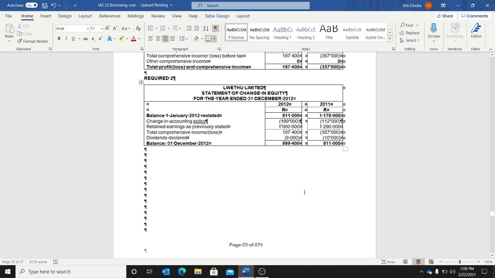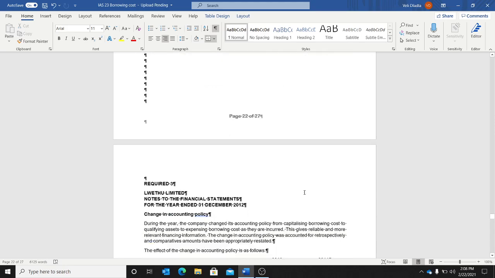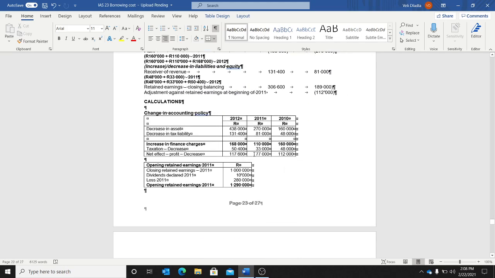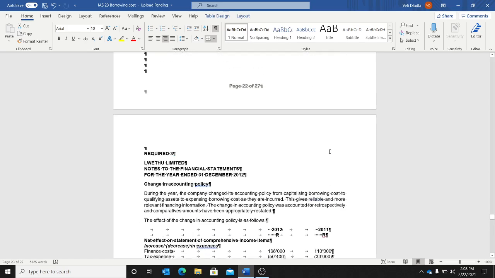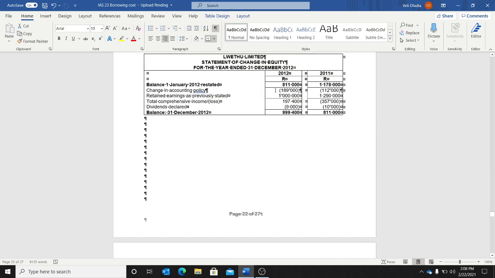When I'm here, how many priors do I have? I've got 2011 and 2010. 77 plus 112 is 189, but it's a decrease, right? It's a decrease of 189.